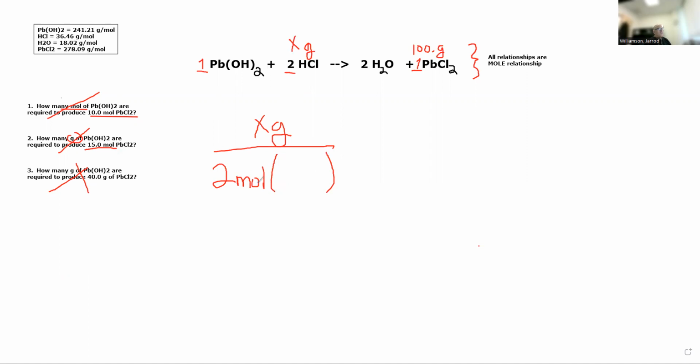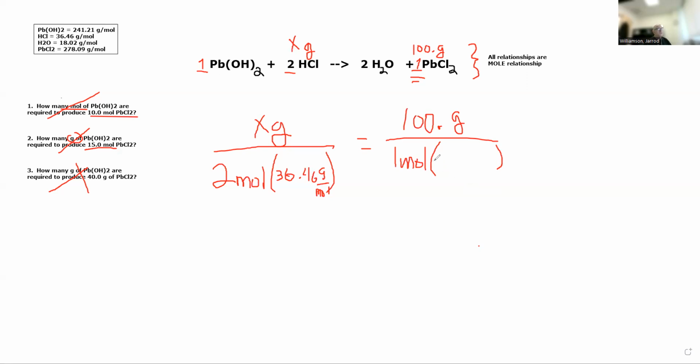HCl is 36.46 grams per mole, equals 100 grams. Put a dot there to make it 3 sig figs. That's lead chloride. And this 1 right here means 1 mole, because it's always mole relationships. And I need to turn that 1 mole into grams because I have grams up here.